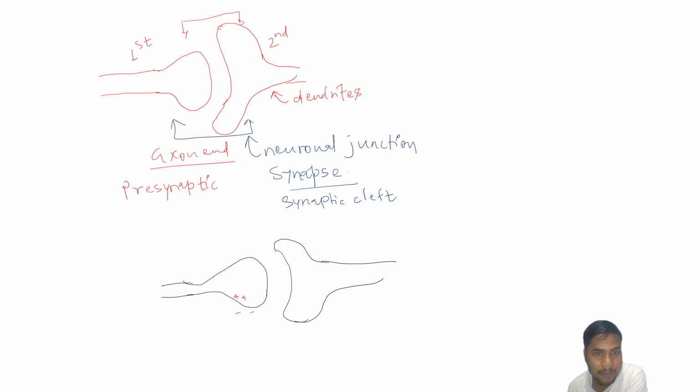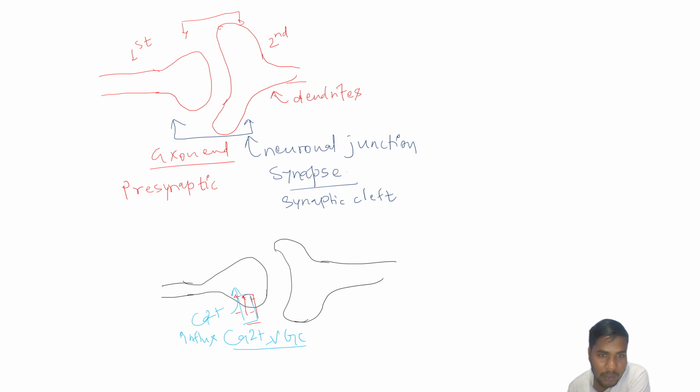The change in membrane potential causes opening of the voltage gated calcium ion channel. Since the voltage gated calcium ion channel opens at this stage, it is leading to calcium ion influx. From outside, the calcium is reaching inside.